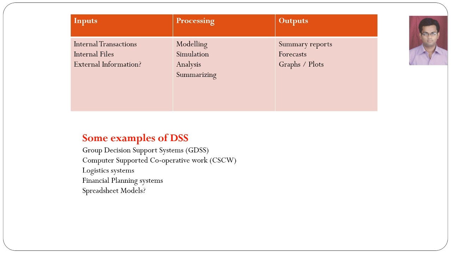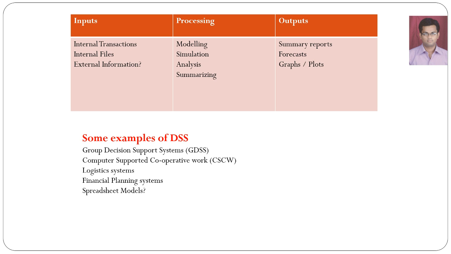If we consider the tabular data related to decision support systems, then we have to look at the inputs of any decision support system. The first and foremost input is internal transactions, the next comes internal files, and the next comes external information. Activities such as modeling, simulation, analysis, and summarizing are carried out during the processing of decision support systems.